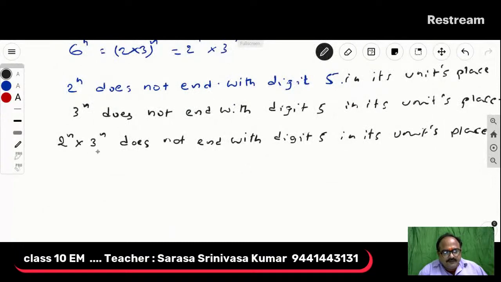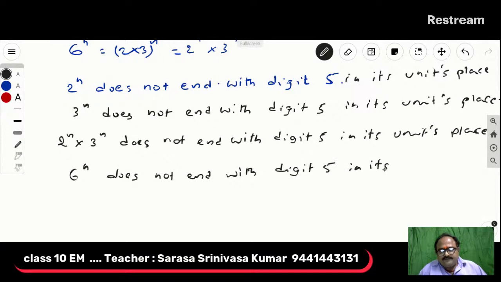So 2 to the power of n multiplied by 3 to the power of n is nothing but 6 power n. 6 power n does not end with digit 5 in its units place. So this is the conclusion.